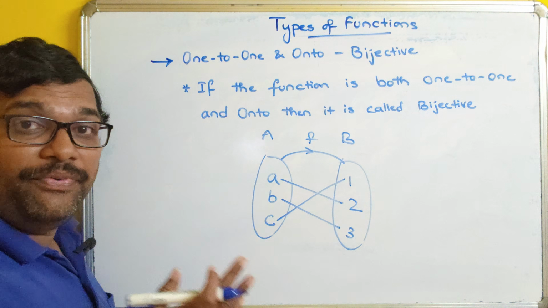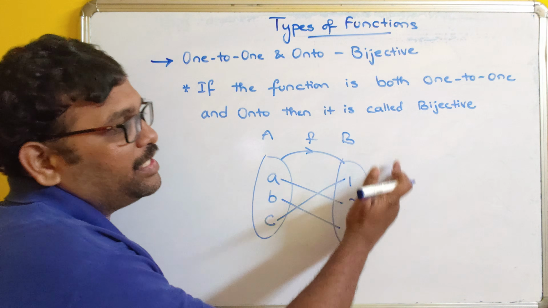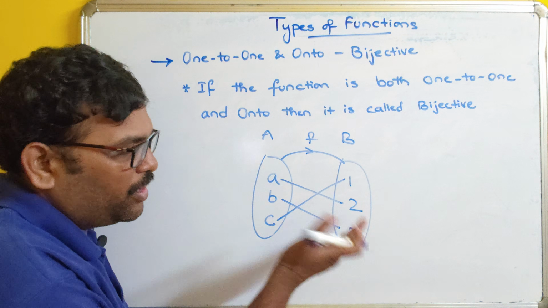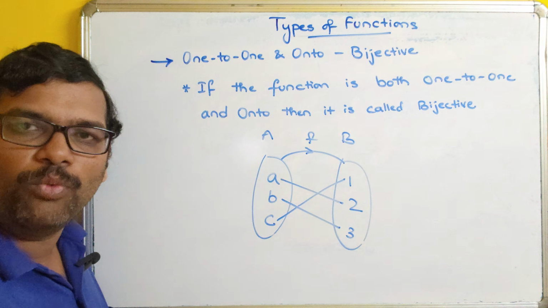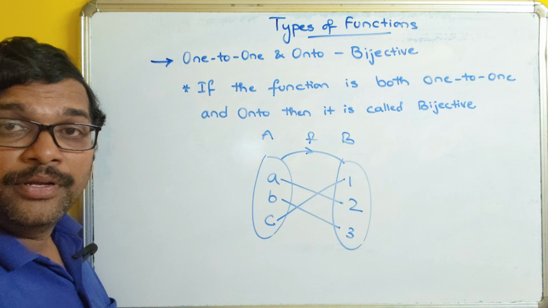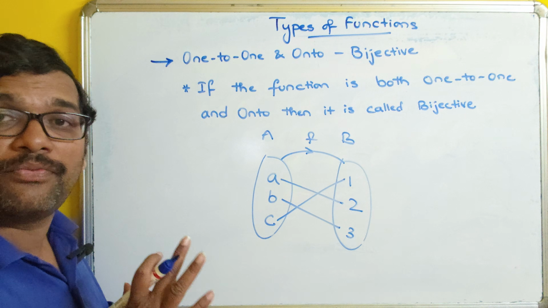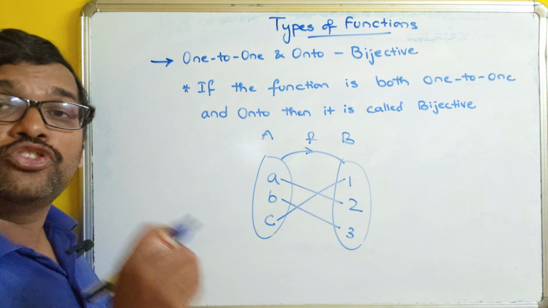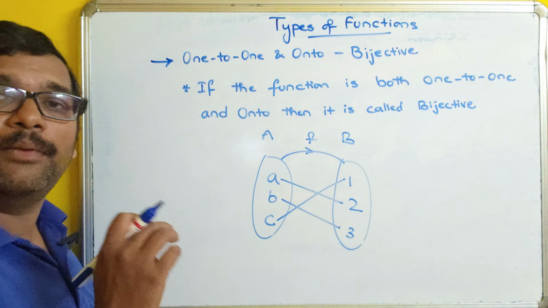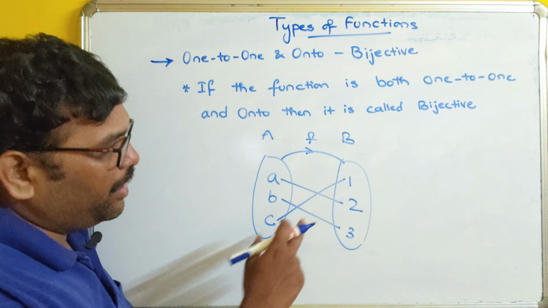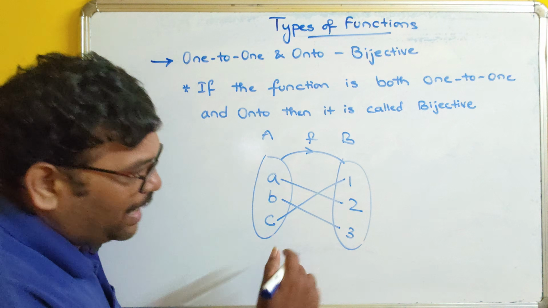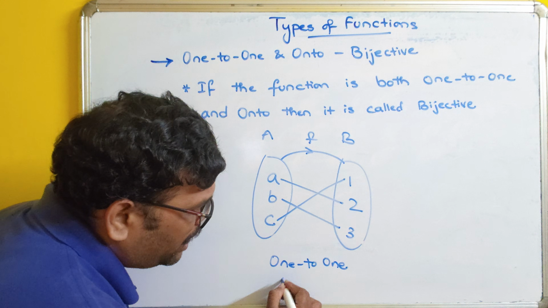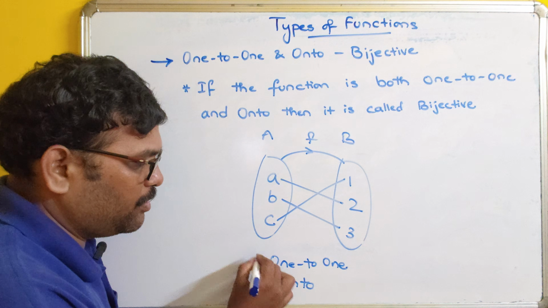Next, one to one. Every distinct element of A should have a distinct element in B. So A is having distinct element 2, B is having distinct element 3, C is having element 1. If the range of this particular function is B, then we can say it is onto. That means every element of B should be mapped with an element of A. So it satisfies both one to one as well as onto function.